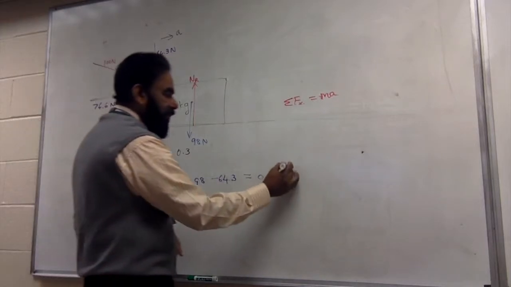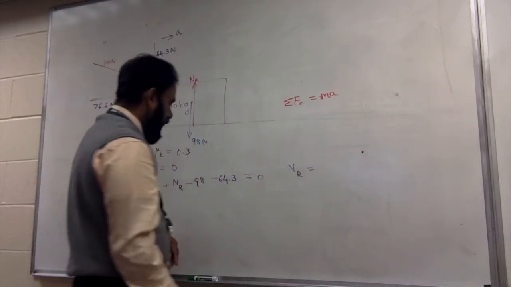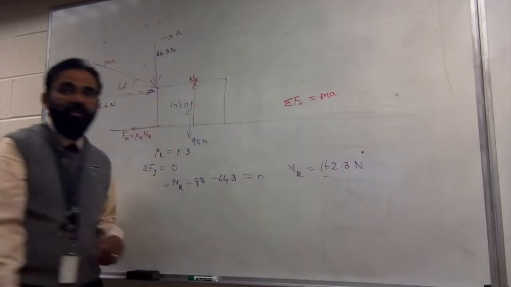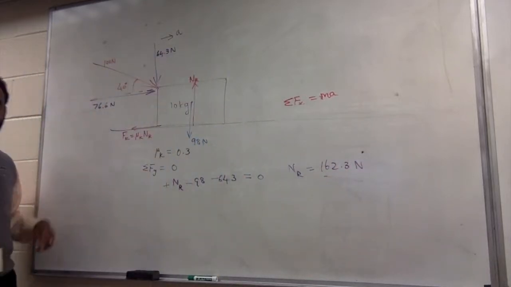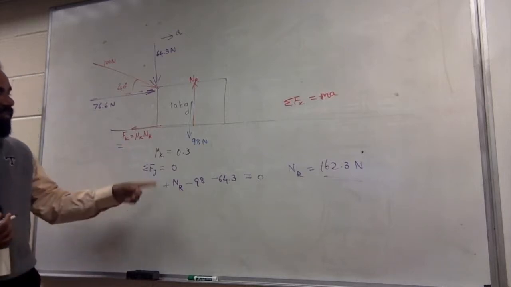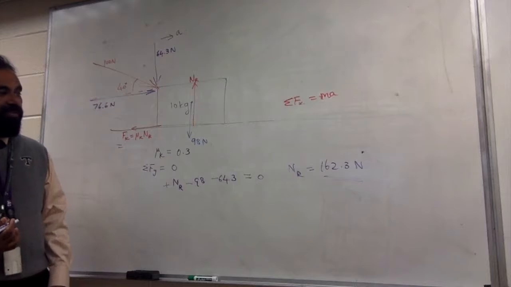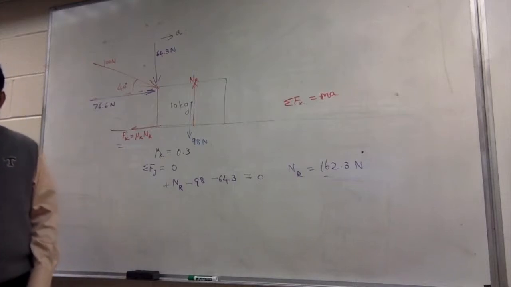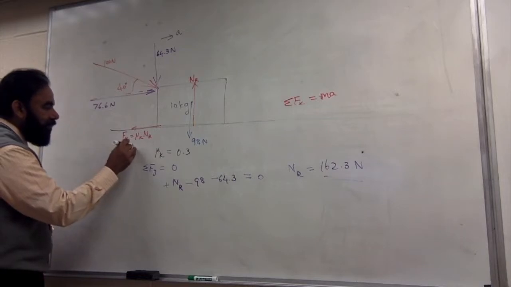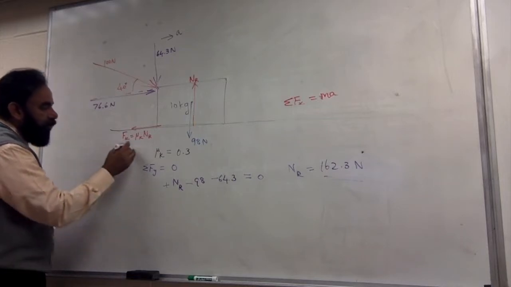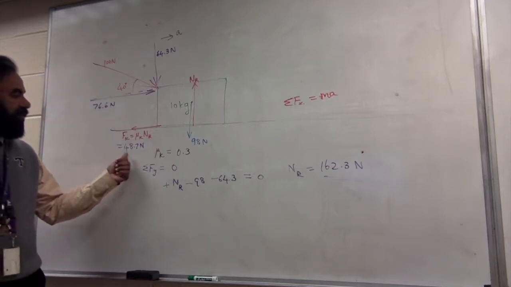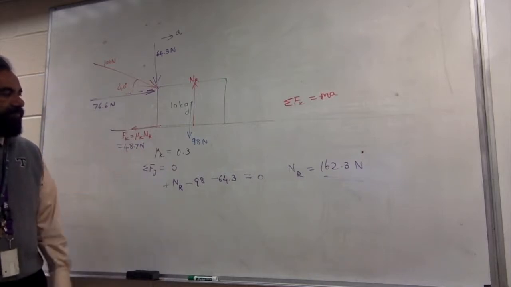Alright, so we have this. What is NR equal to here? 162.3, and that is definitely going to make a difference to the friction, which is equal to 0.3 times the new normal reaction of 162.3. 48.7 newtons is backward.